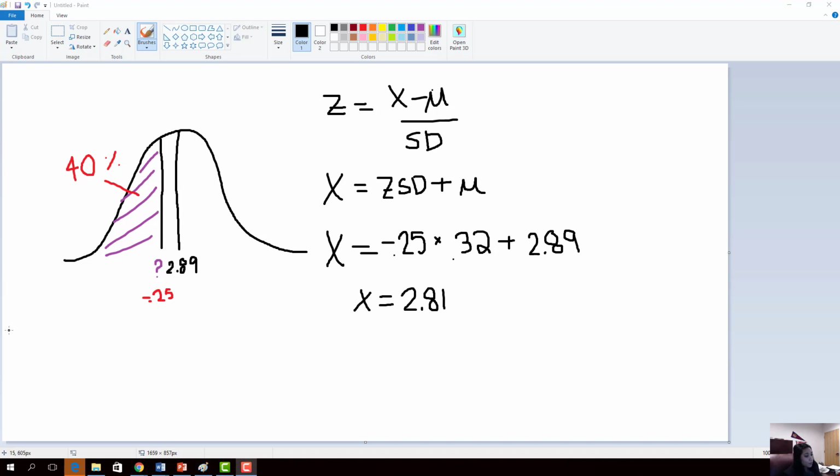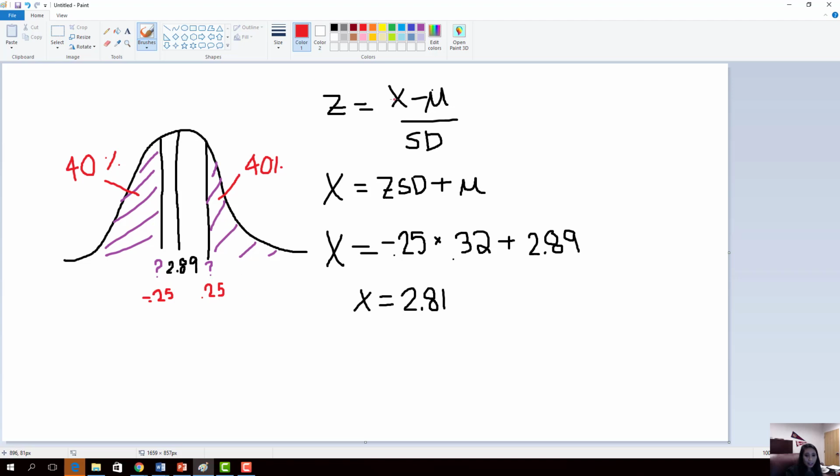The next question asks, 40% of piglets weigh more than how many pounds? Well, I don't give you the z-value this time, but remember we know that the normal distribution is perfectly symmetrical. So if I want to know this value here, and this is also 40%, and I'm just looking for this value, because it's symmetrical, we know that this z-value here is just 0.25.